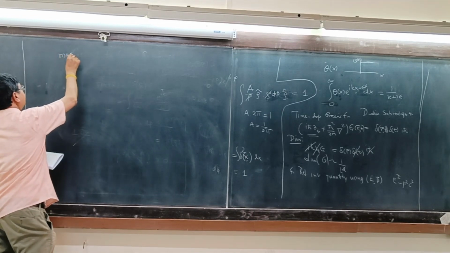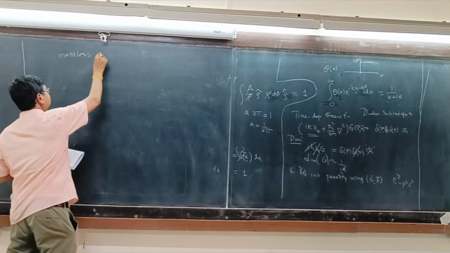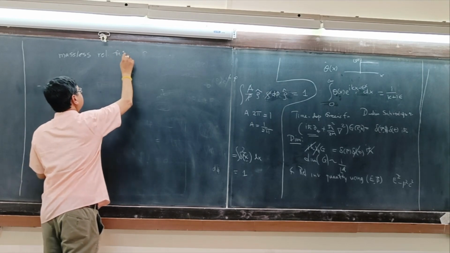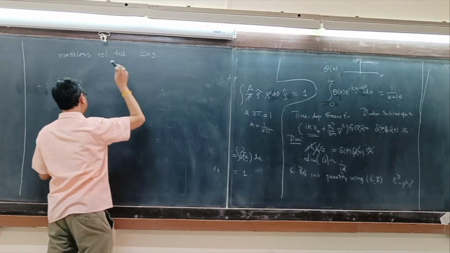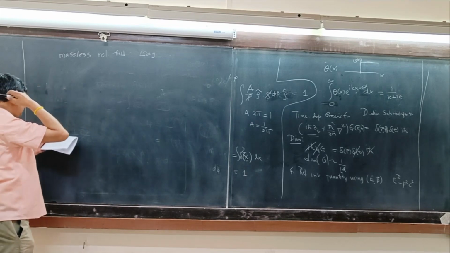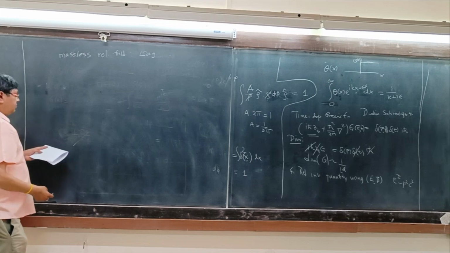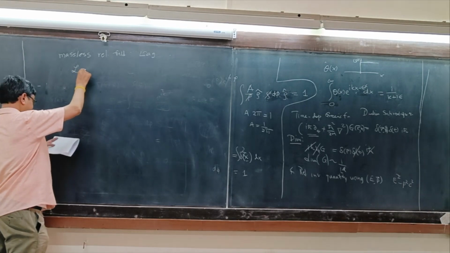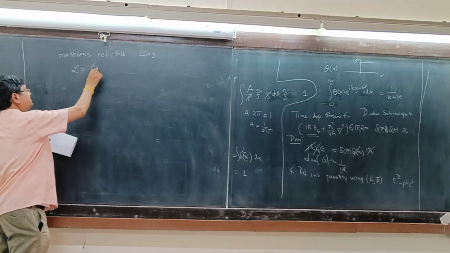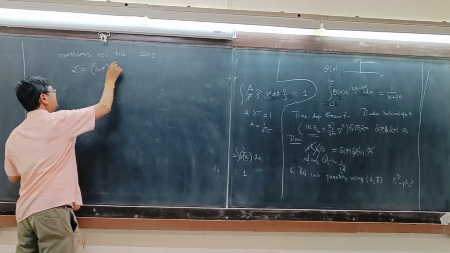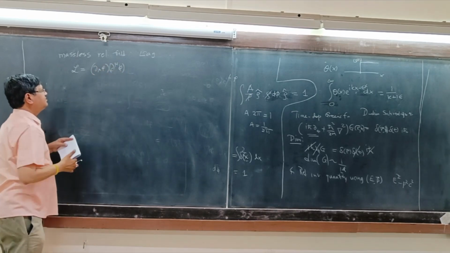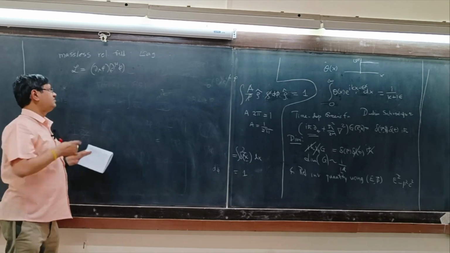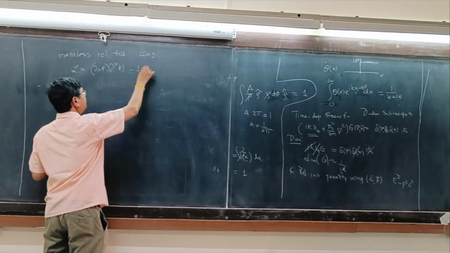All right. Massless relativistic field Lagrangian. For a real field, the Lagrangian density is del mu phi, del mu phi. Massless means the term m squared phi squared is 0, so this term goes away.